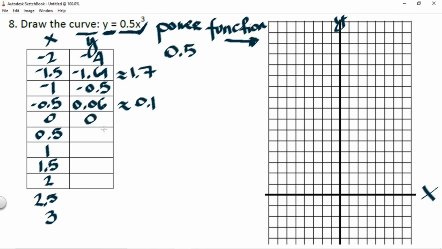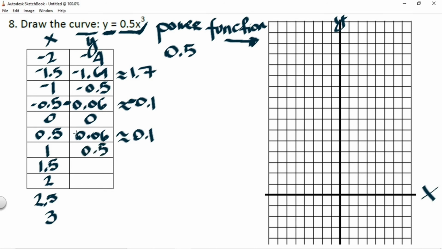And by the way, please don't forget this should be negative. Okay, let's proceed. If x is 0.5, y is 0.06 positive, or let us round this off to 0.1. If x is 1, y is 0.5.